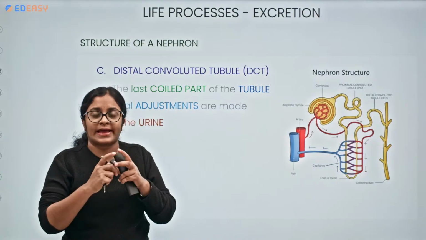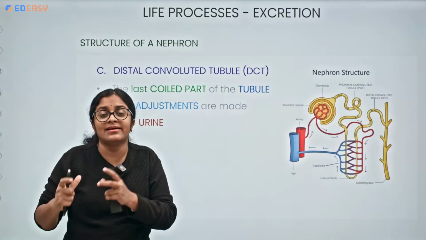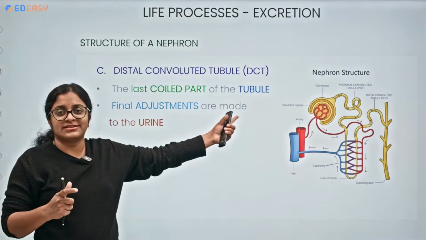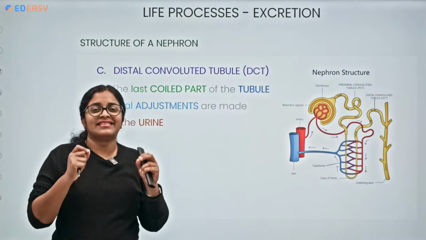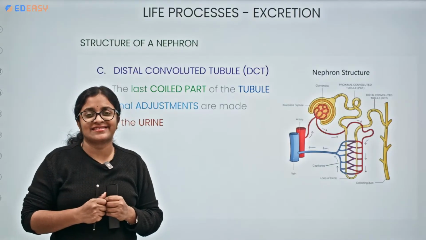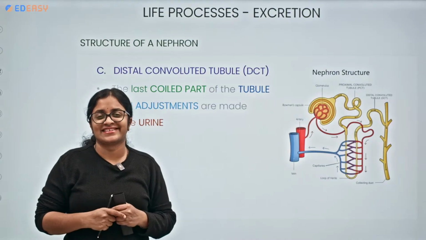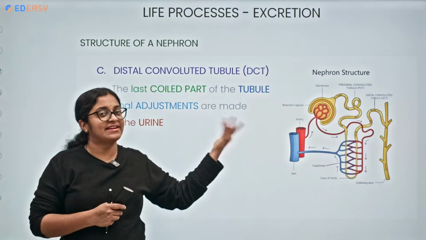So we could find the final adjustments of urine are being made within which region? Within the region of the DCT, the distal convoluted tubule. Now tell me, the final urine should enter into which region? You have to tell me. See the picture and tell me which region the final urine should enter.